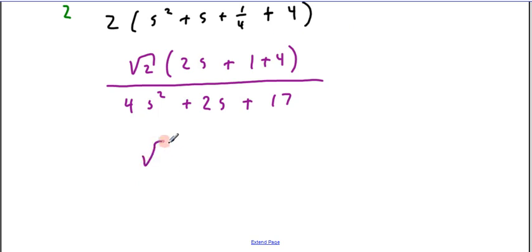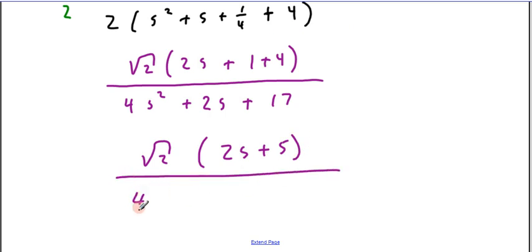Okay, so I've got the square root of 2 times 2s plus 5 on the top, and I have 4s squared plus 2s plus 17 on the bottom, and that checks with the back of the book, which makes us extremely lucky, I think.